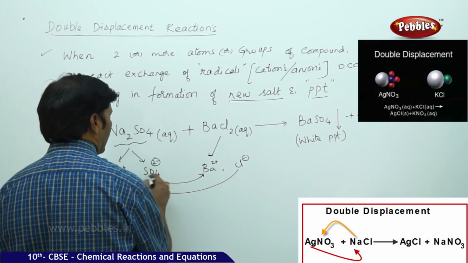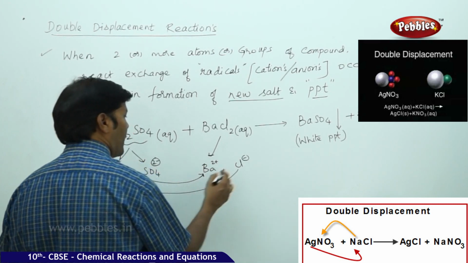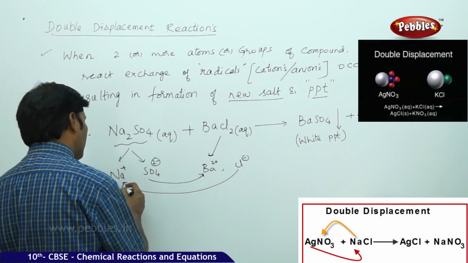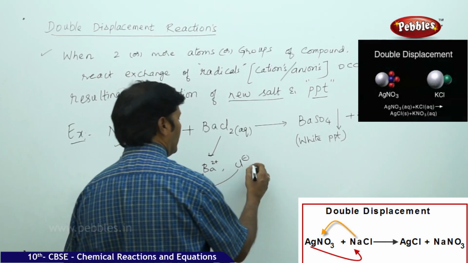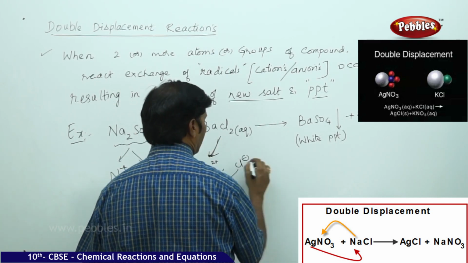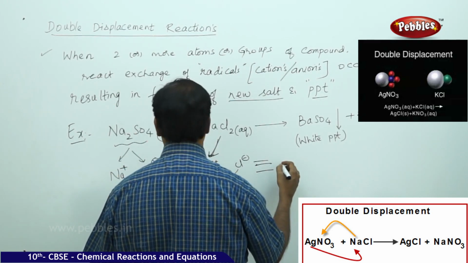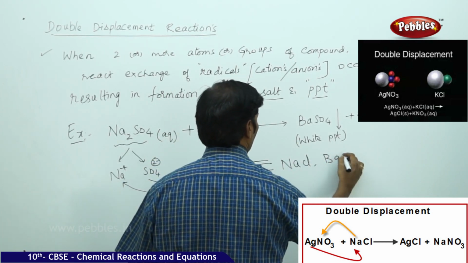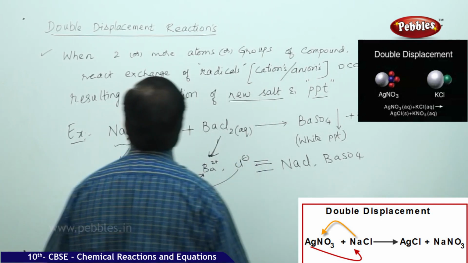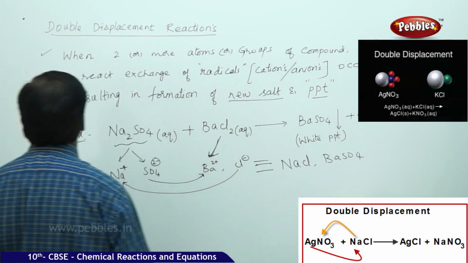The sulphate ion, which is an anion, is going towards barium, and the chloride ion, which is an anion, is coming towards the sodium cation. So this results in the formation of sodium chloride and barium sulphate. This is called a double displacement reaction, or exchange reaction.